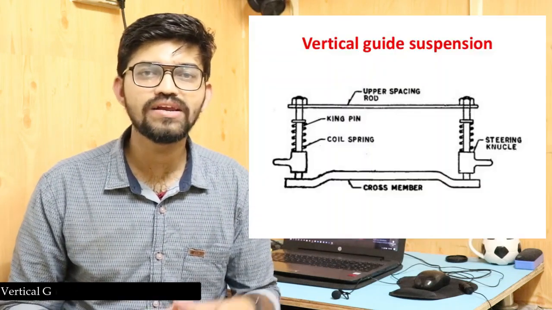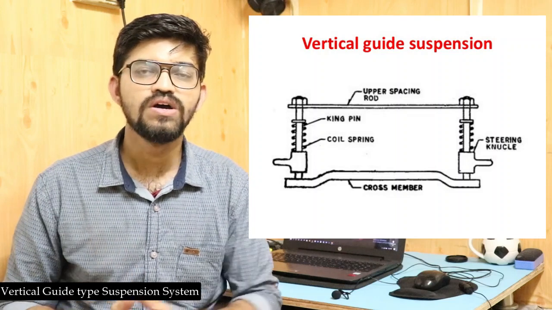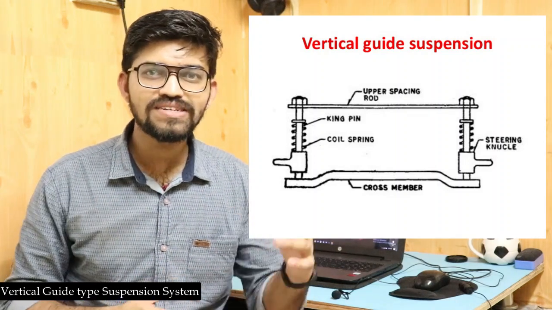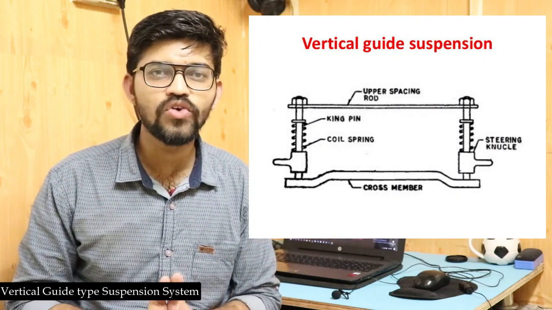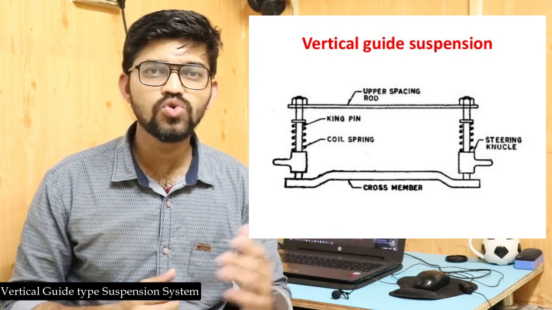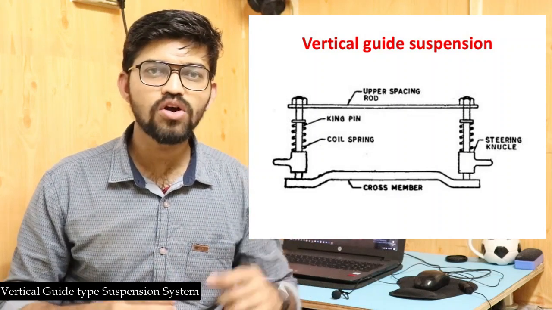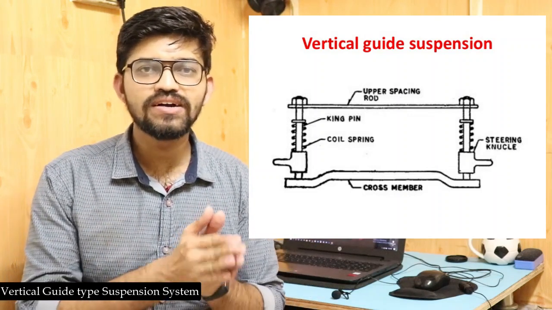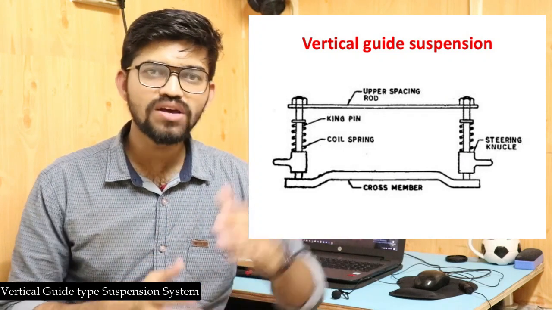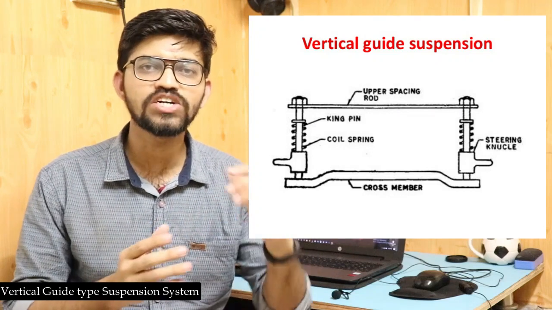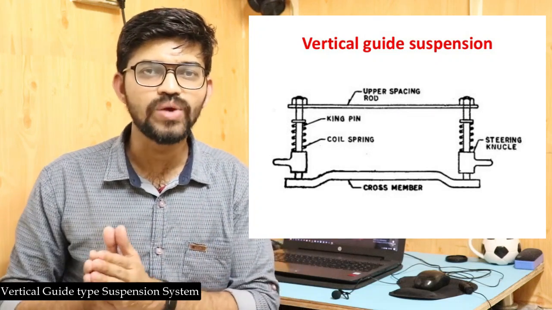So moving ahead, next is the vertical guide type of suspension system. This type of suspension arrangement is quite simple, and the representation is very simple. As you can see, there are two rods at the bottom. We have the cross member, and on that cross member the kingpin and the steering knuckle are connected. On the kingpin, the steering knuckle is there on both sides, and this steering knuckle is connected to the stub axle of the wheels.